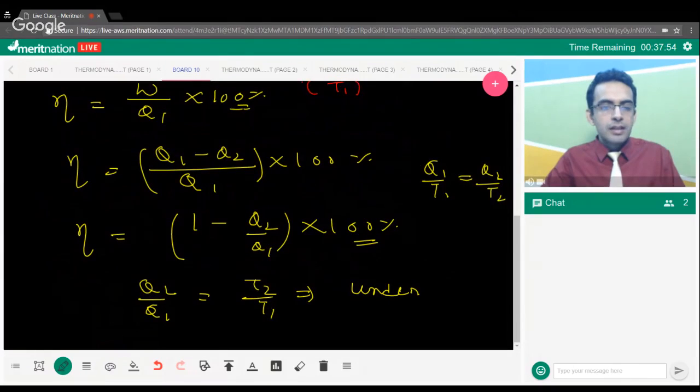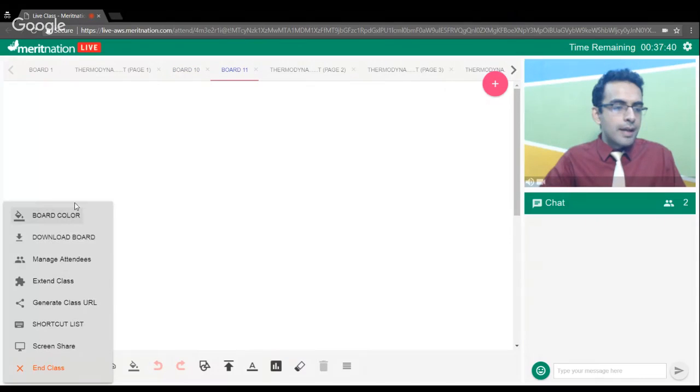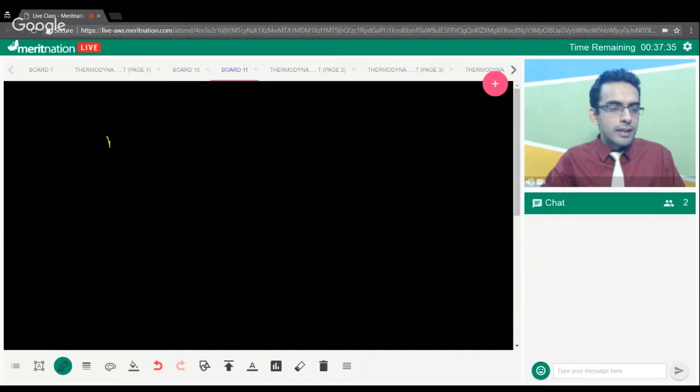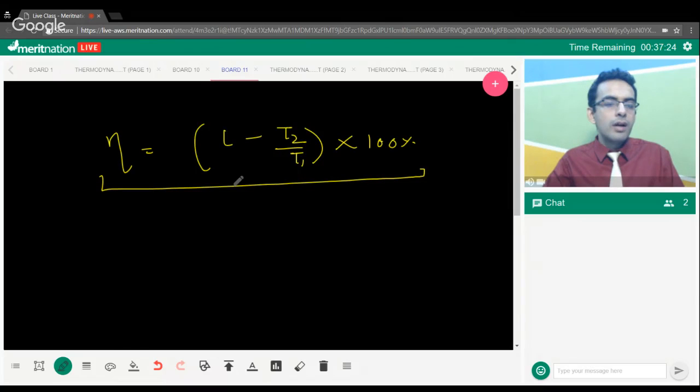This happens under ideal conditions. So we can write efficiency as eta is equal to 1 minus T2 over T1, into 100. This is the efficiency of a heat engine.